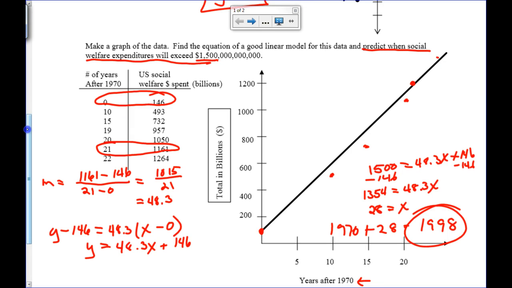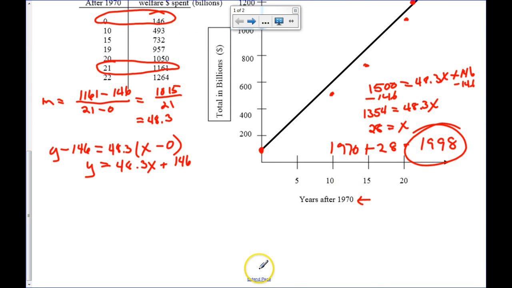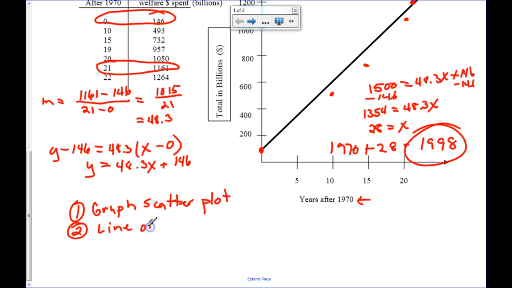Okay, so basically, I'm not going to go through the next page, but I want to run down a general process that we've been doing. First thing you always have to do: graph the scatter plot. Number 2, line of best fit. You have to find your line of best fit.